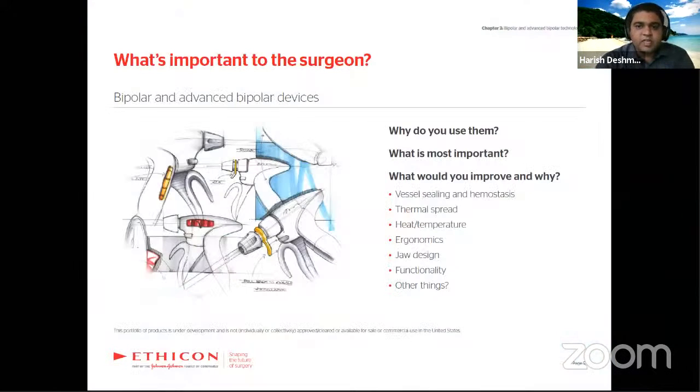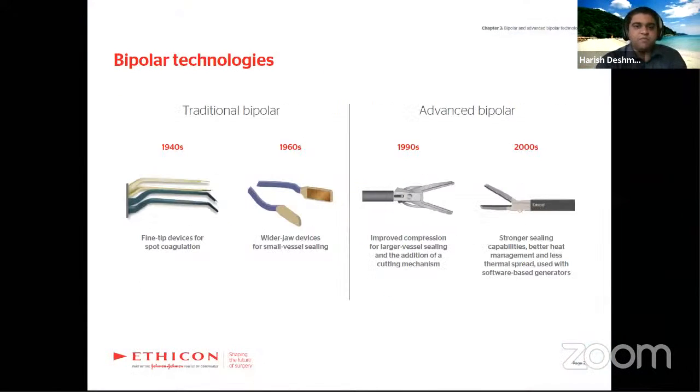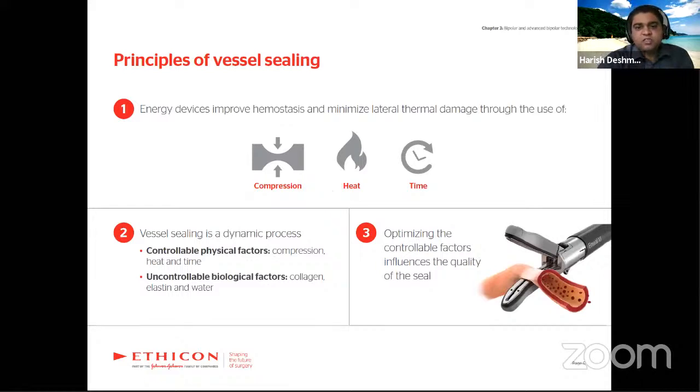There are two types of energy sources available in the market. We call them traditional bipolars, which have normal jaws where you just clamp and do the coagulation. But there are advanced bipolars, which give you stronger sealing capabilities, and the heat, temperature and compression are totally different.